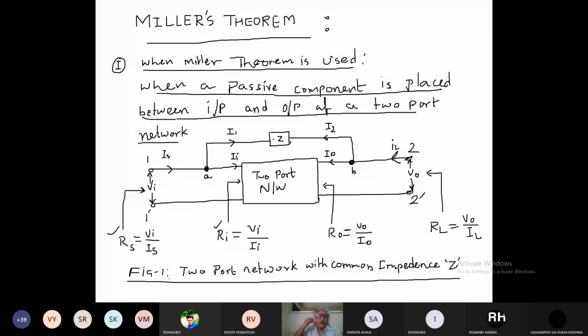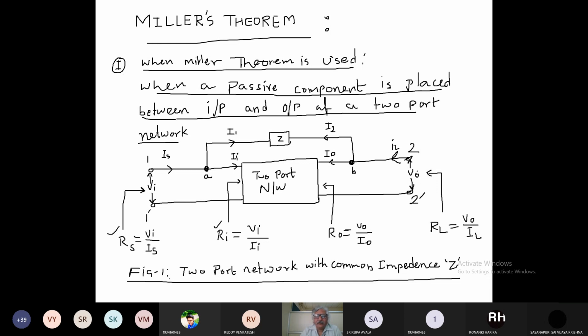If you want to write this current I1, it is the voltage at end A minus the voltage at end B, divided by the resistance, that is your impedance Z. Now this A terminal is at potential Vi, and the B terminal is at potential Vo, the output voltage.